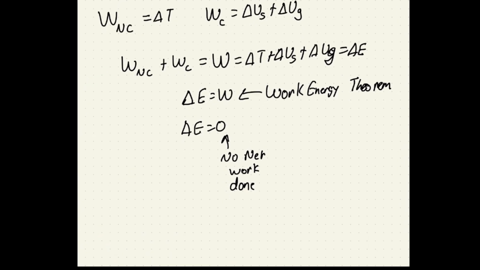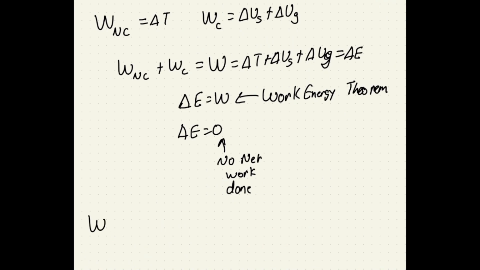So we can now say something like work, which is force times distance times cosine theta, is equal to 1/2 m times v final squared minus v initial squared.